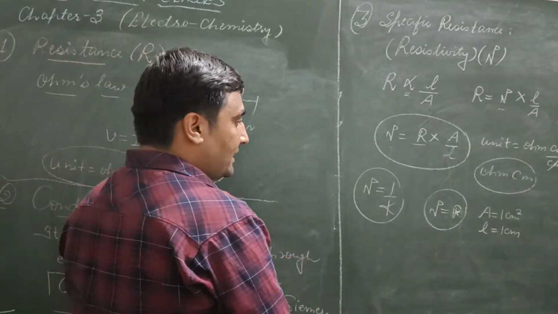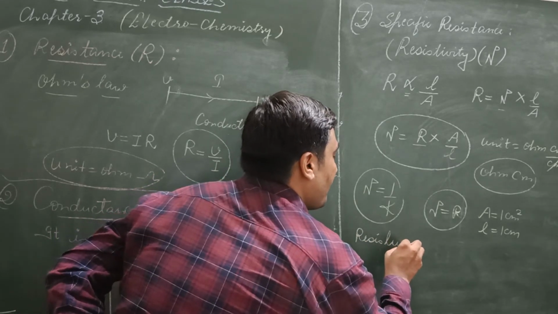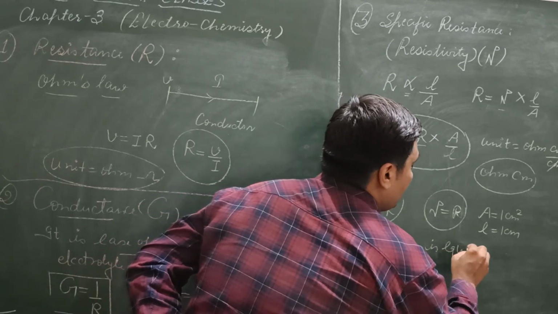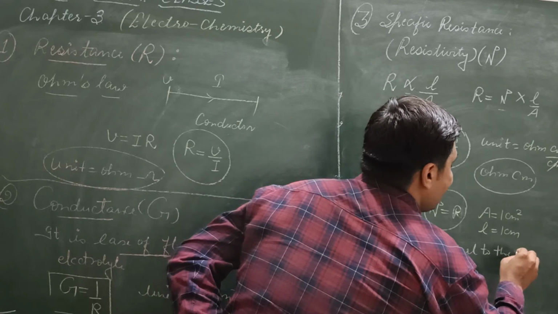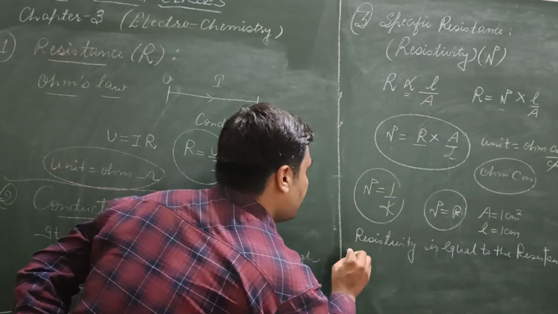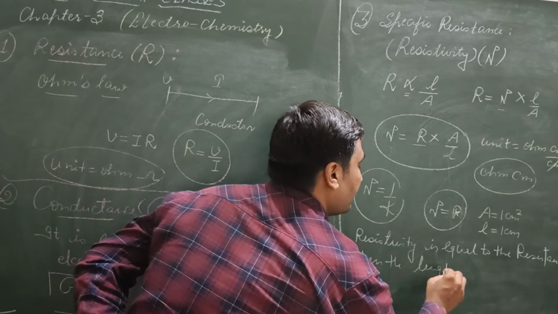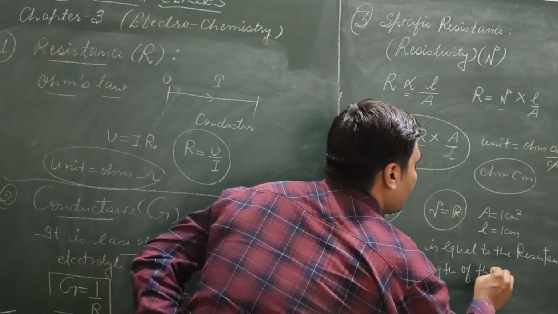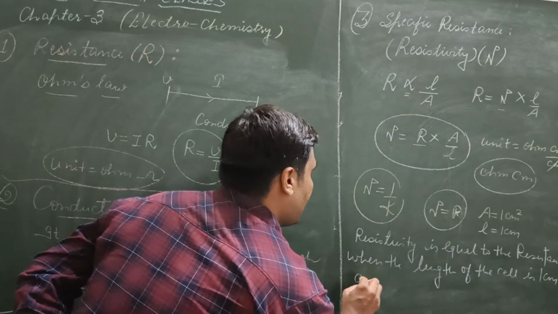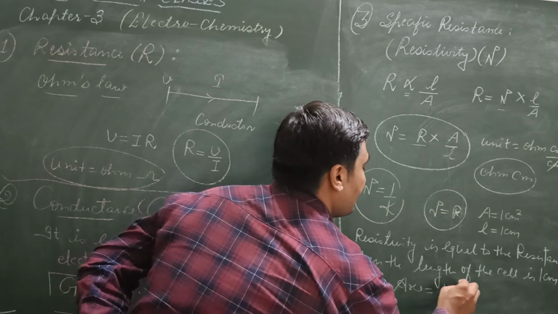So as per the definition, the resistivity is equal to the resistance when the length of the cell is 1 centimeter and the area equals 1 centimeter square.